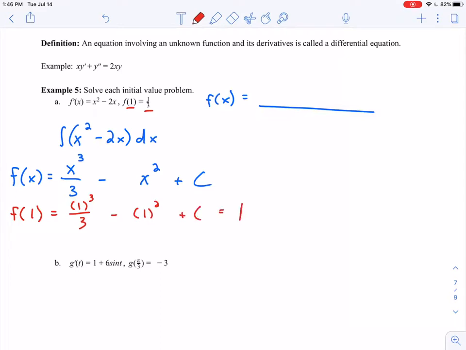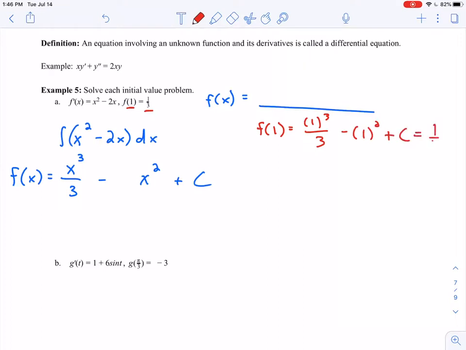This gives me an equation that I can solve for c. Let me rewrite this over here because I don't think I'm going to have enough room. We said f of 1, that's equal to 1 to the third over 3 minus 1 squared plus c, is equal to 1/3. I'm going to look at that equation and solve for c.